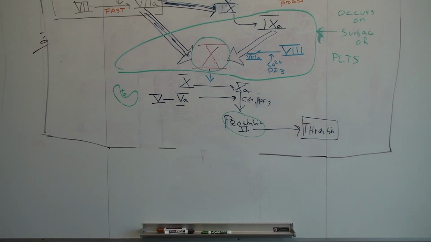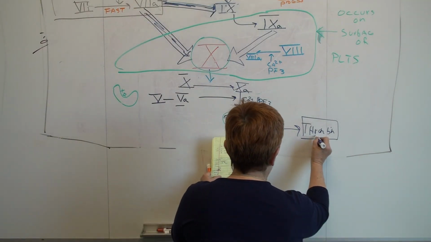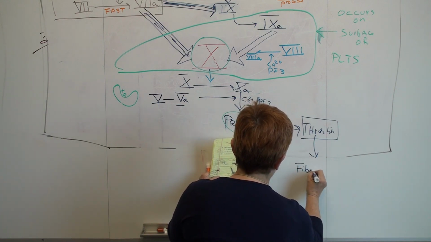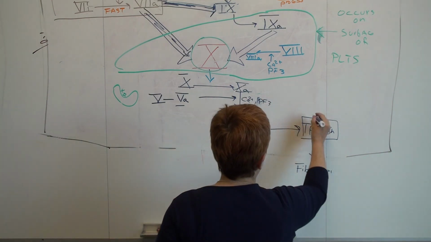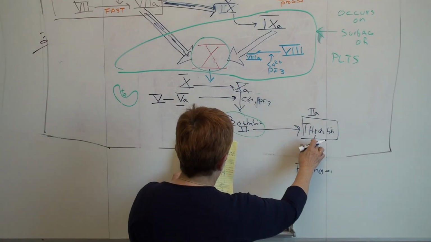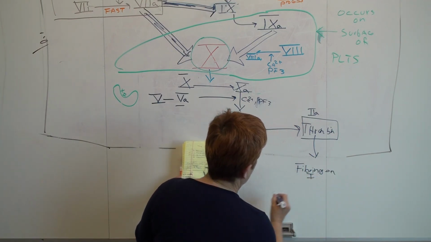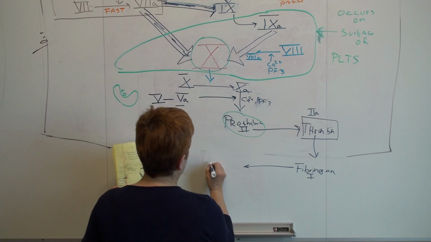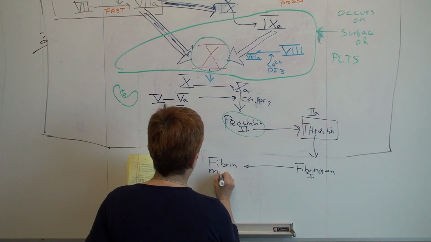All right, so thrombin has got to go to fibrinogen. Okay, so remember, prothrombin is number 2. Thrombin is 2A. Thrombin has to go to fibrinogen. Fibrinogen is factor 1. Then your fibrinogen is going to go to fibrin monomers.